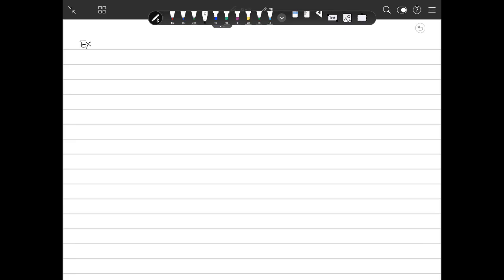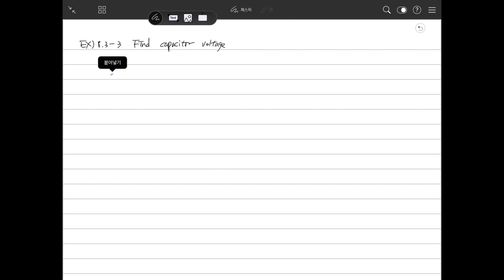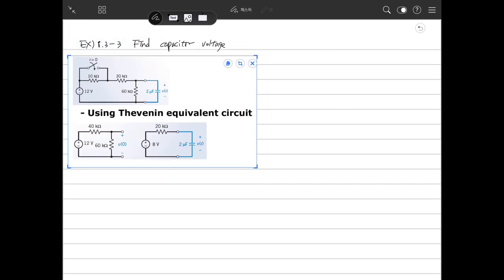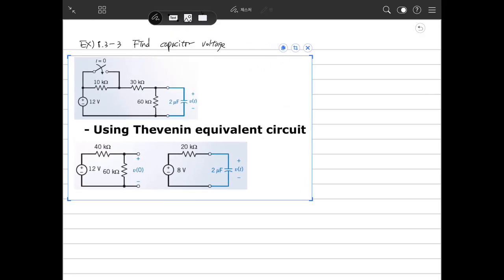Example 3.3: find the capacitor voltage.